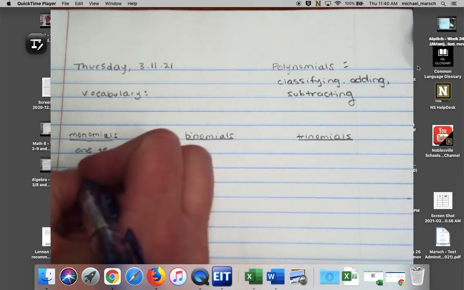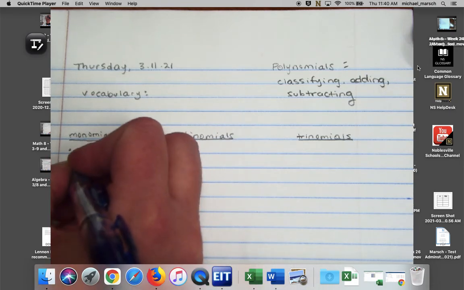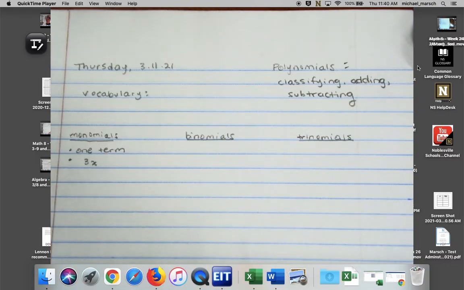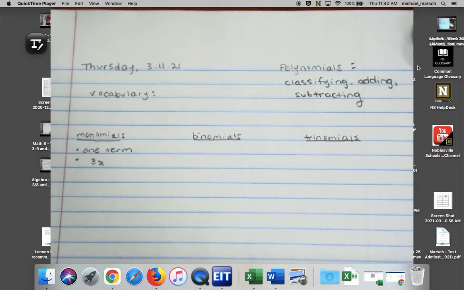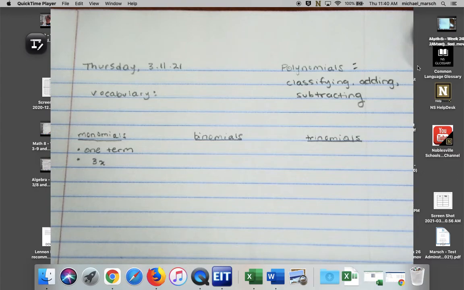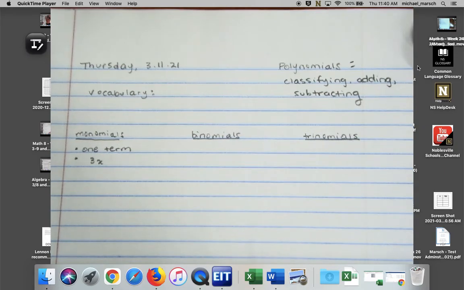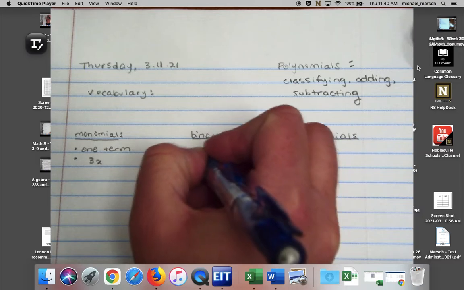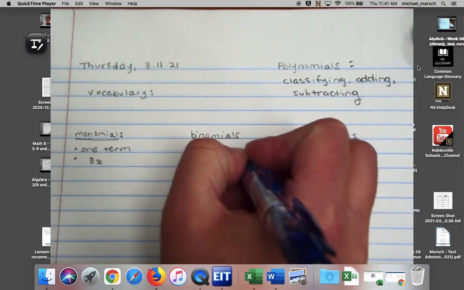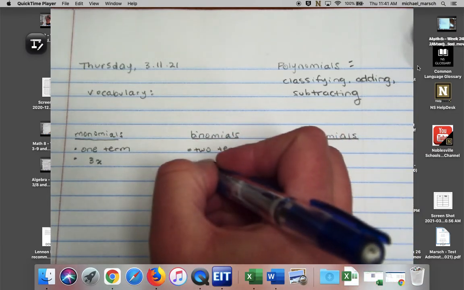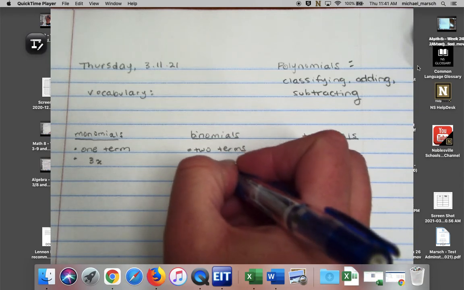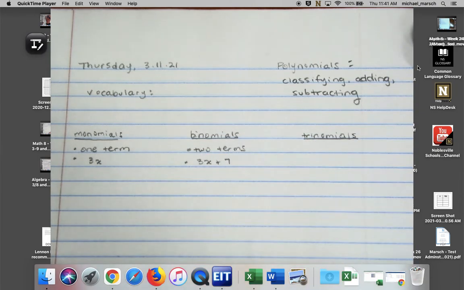And it might look something like 3x, right? How about a binomial? Two terms. And it might look something like 3x plus 7.